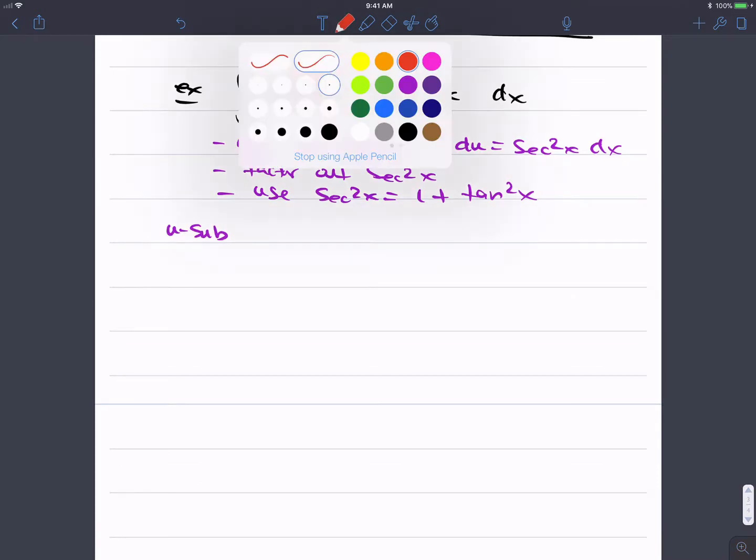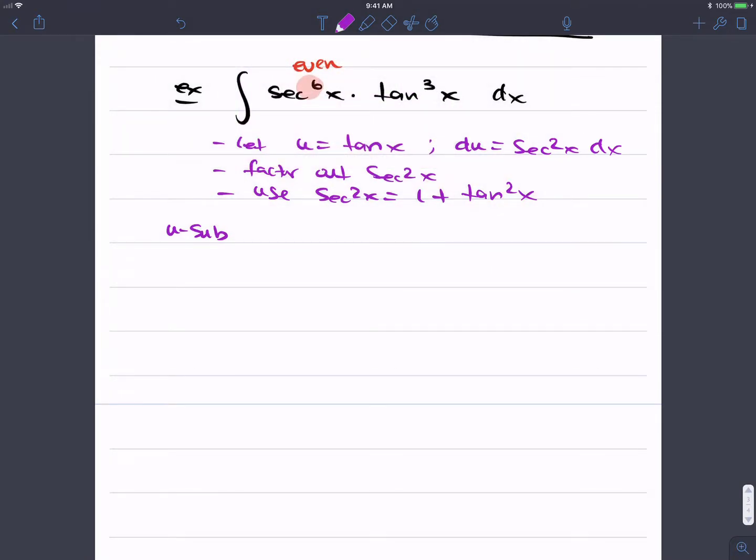Okay, so let's focus on the function here. So we have secant squared times secant to the 4th power x times tangent to the 3rd power of x. Here's the factoring out portion of secant squared. This secant to the 4th gets replaced with secant squared to the 2nd power.